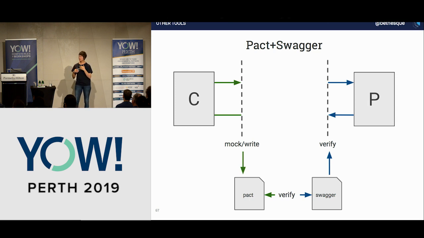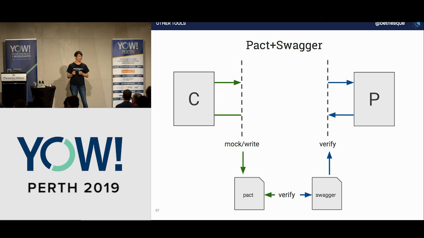So this gives you the benefits of really fast feedback because you're not actually waiting for an entire verification process to run for your contract. You're just verifying two documents against each other. And you get slightly less confidence because you're adding in this extra layer of abstraction, but for some organizations, the trade-off of speed against confidence is actually a good decision.